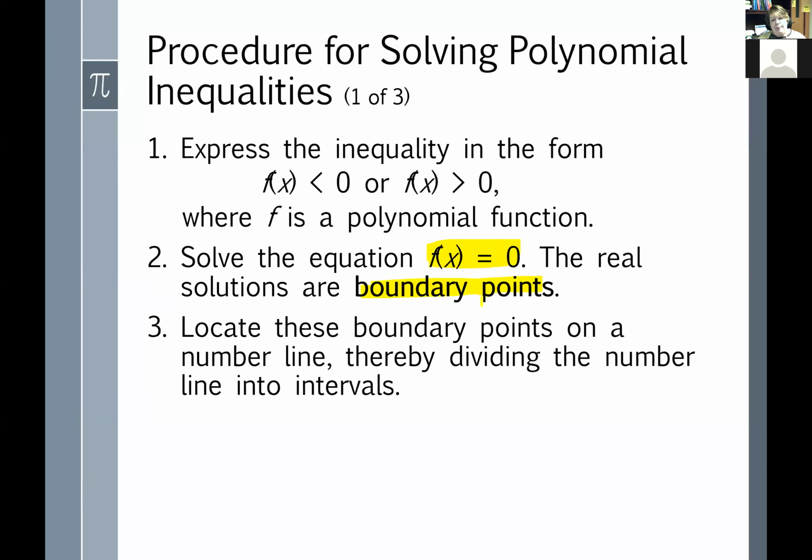These boundary points break up our number line into intervals. So you draw a number line, plot these points on it, and find the intervals that are formed by these boundary points.